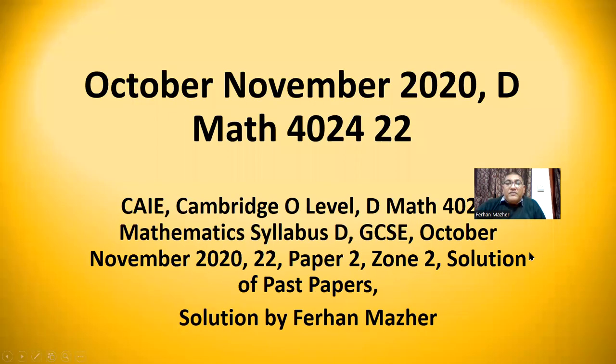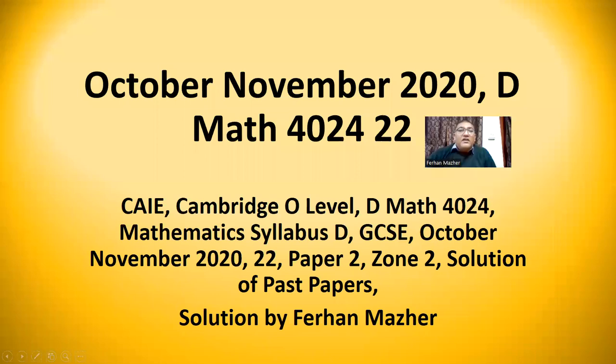The name of this paper is October, November 2020 paper 2, which we have completed. This paper 2 was from zone 2. My dear students, I have tried to explain all the concepts which were involved. I have tried my best in this paper.